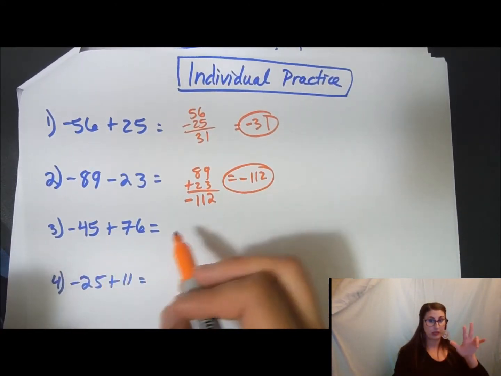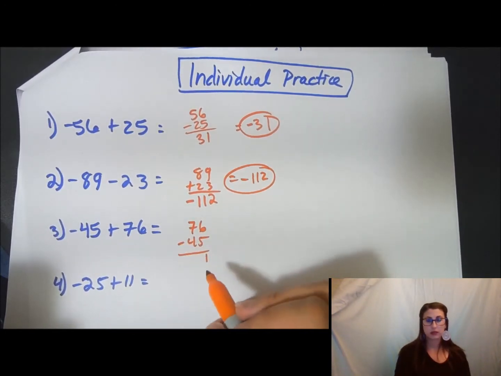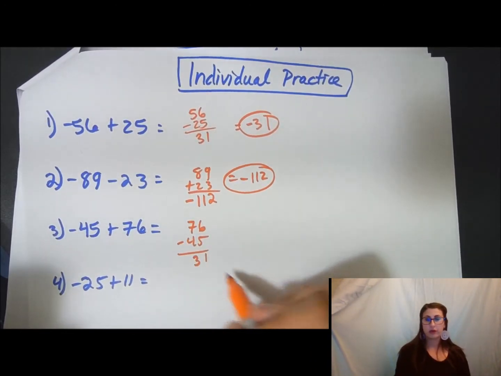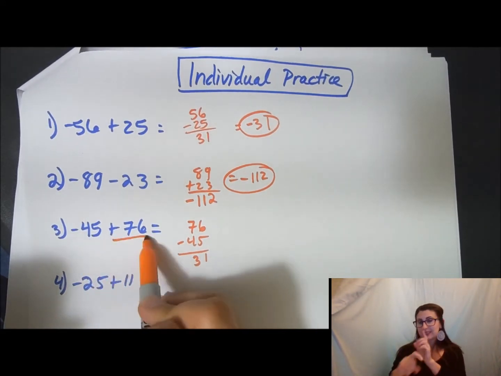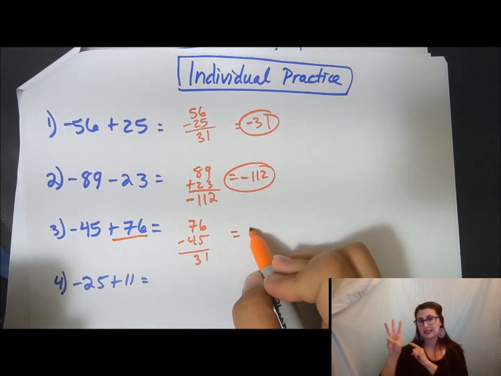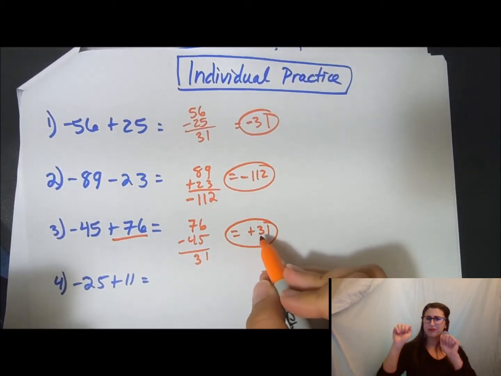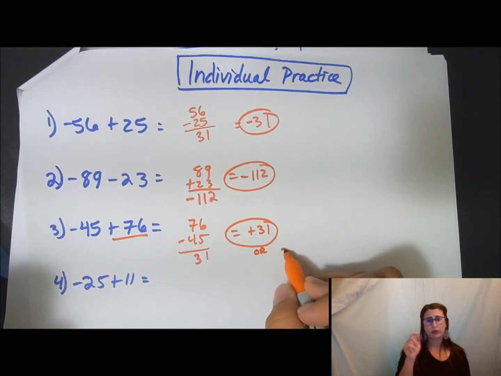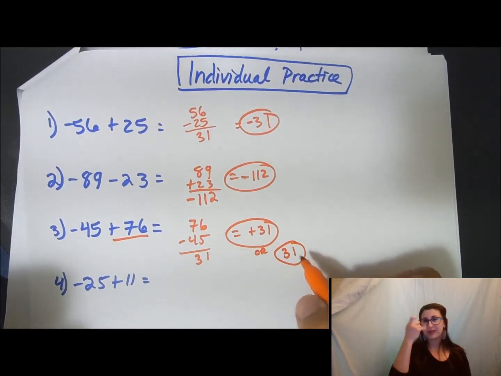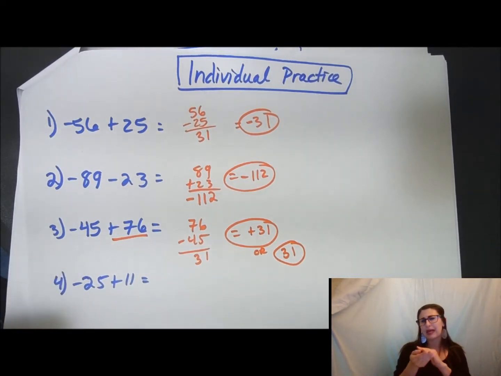Number 3, these are different signs, so I'm going to subtract. All right, take the sign of the number that's further away from 0. Positive 76 is further away, so my answer is positive 31. You can say positive 31 like that with the symbol, or just say 31, because if you don't see the sign, it's implied that it's positive.